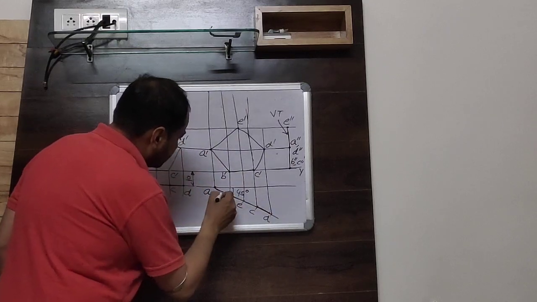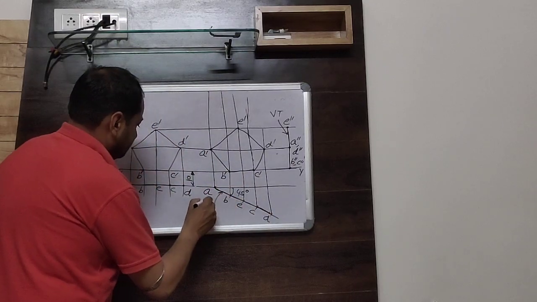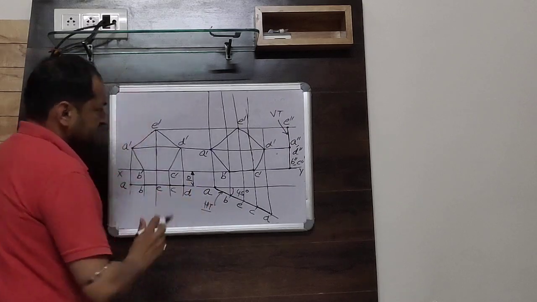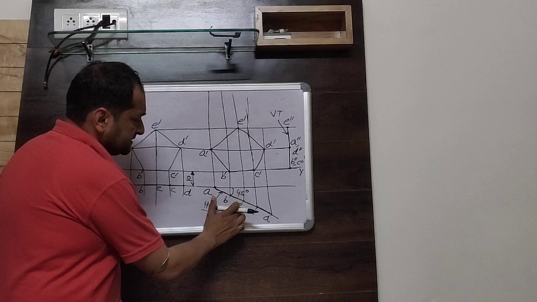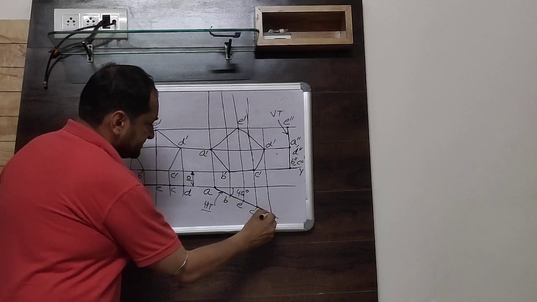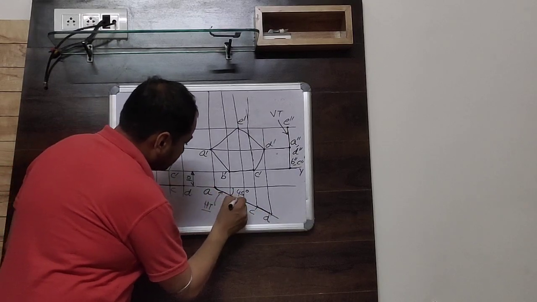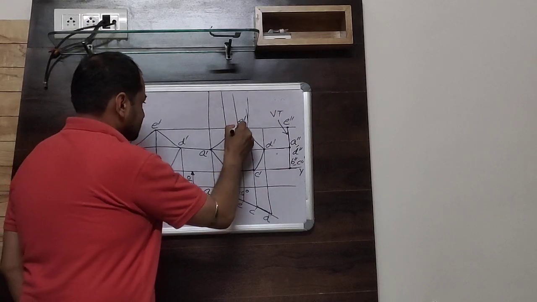And the top view itself, AB, BE, EC, CD, this complete line is the horizontal trace.